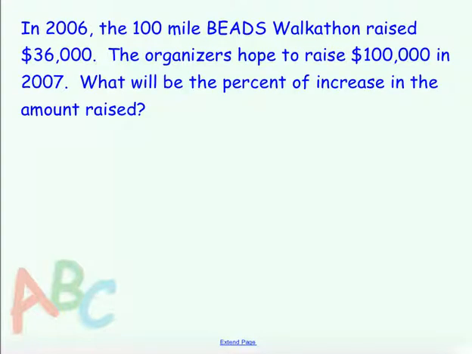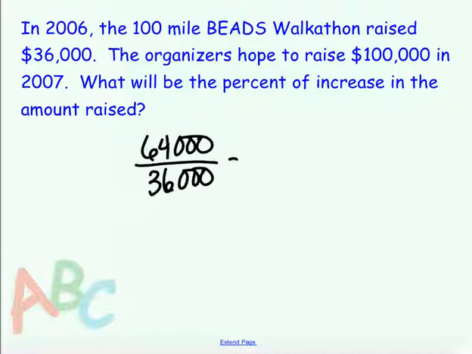Next one. In 2006, the 100-mile Beads Walkathon raised $36,000. The organizers hoped to raise $100,000 in 2007. What's the percent increase in the amount raised? Well, the change here, we're going to say the change is $64,000 over an original of $36,000.